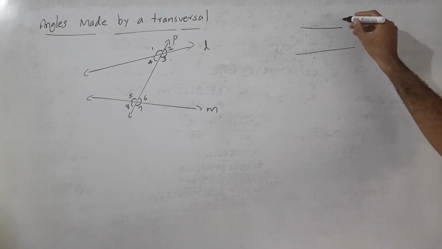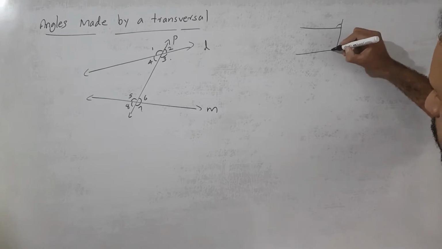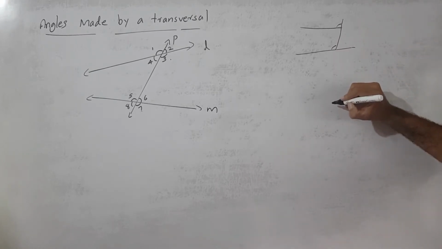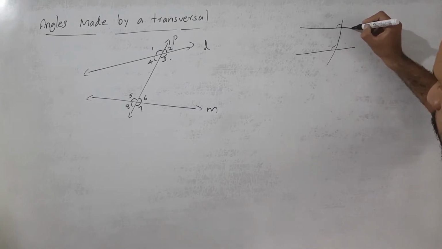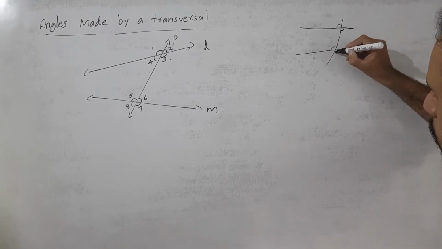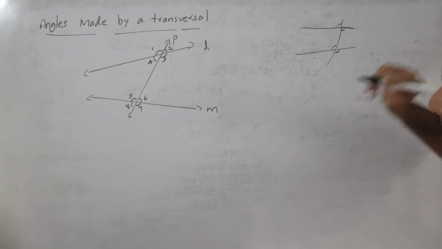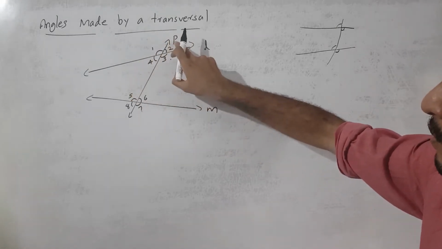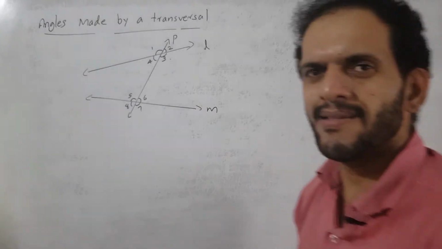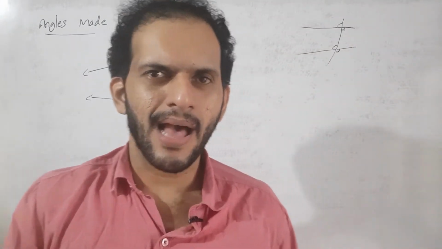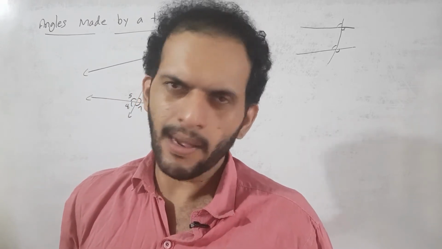Then if the lines are cut by a transversal, this type of angles is called corresponding angles. Corresponding angles are angle 1, angle 5, 2, 6, 4, 8, 3, 7. Then if the angles' positions are like that, the angles are named corresponding angles.